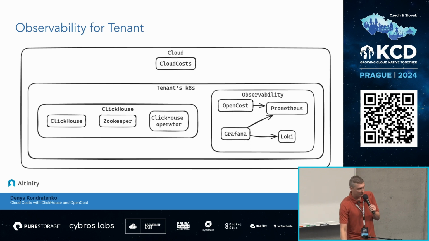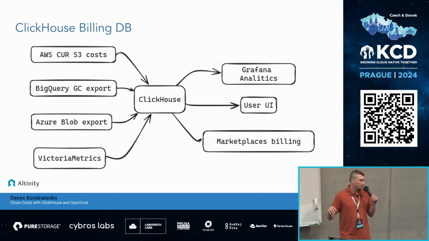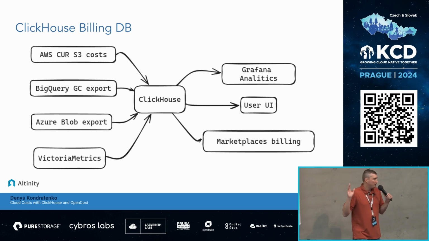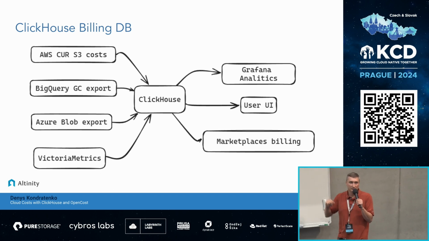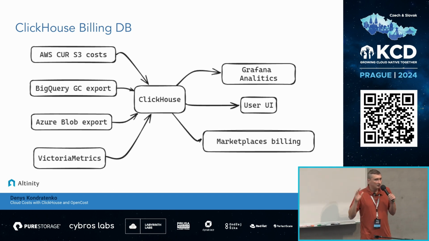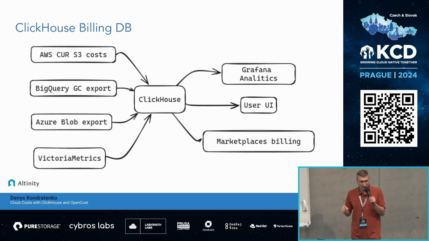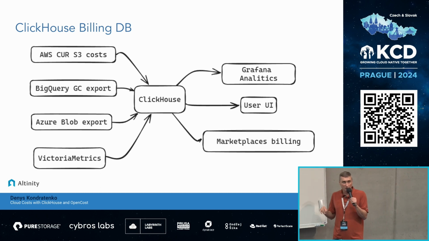And how we do that? We just utilize an ETL pipeline and push everything from the AWS cost report, which we configured to be on S3; GCP, BigQuery, we export this data to Google Cloud Object Storage; Azure, Blob.